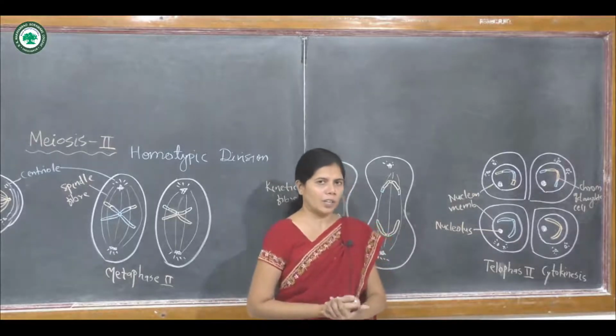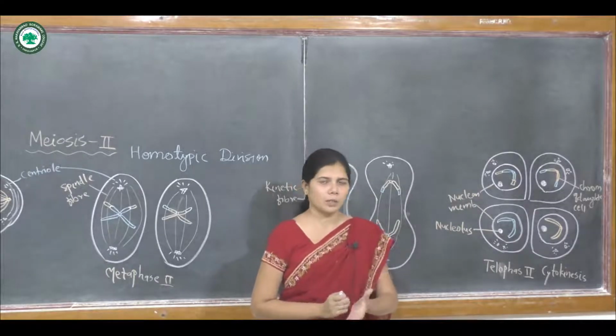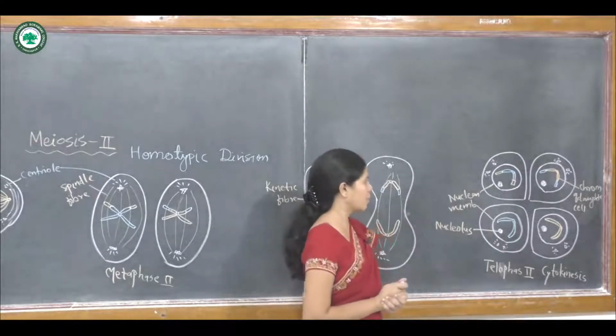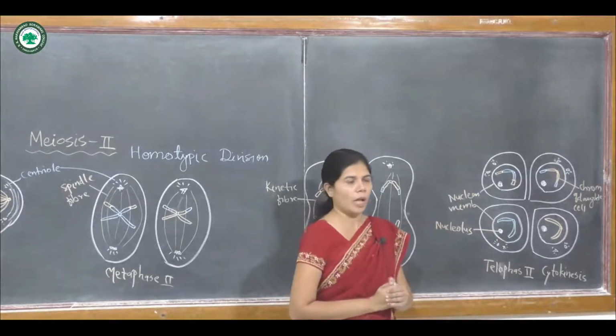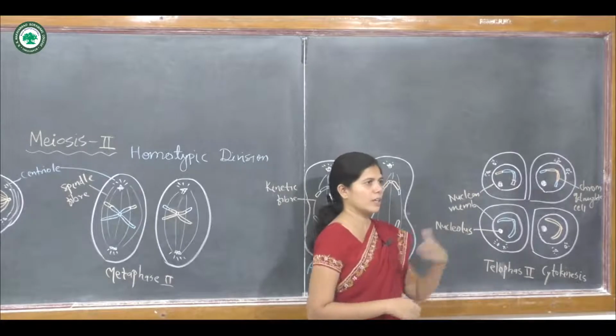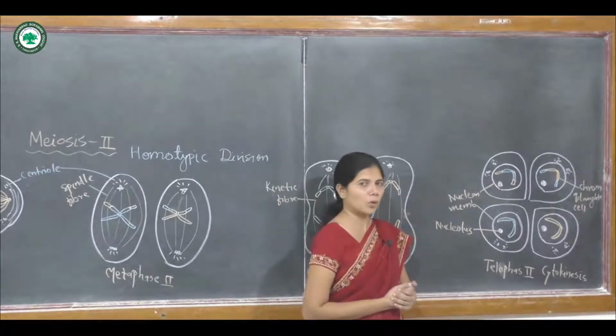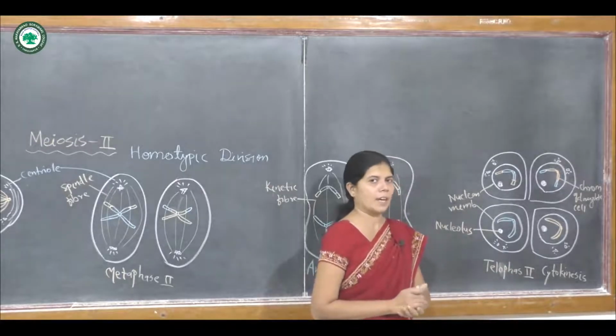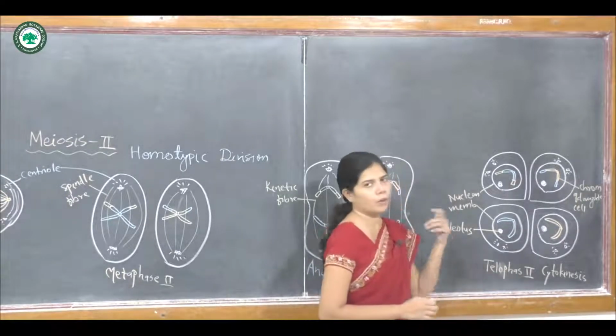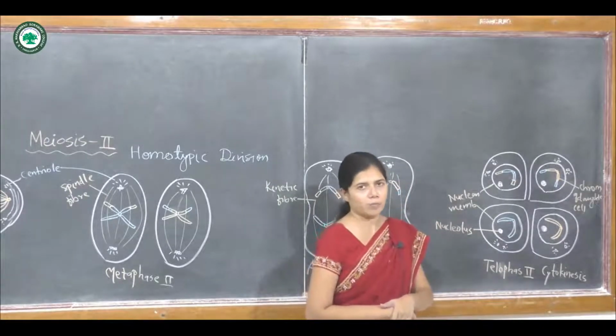Along with the nuclear membrane, the nucleolus also reappears at this stage of telophase II. Telophase II then undergoes cytokinesis II, and at the end of telophase II and cytokinesis II, a total of 4 daughter cells are formed.